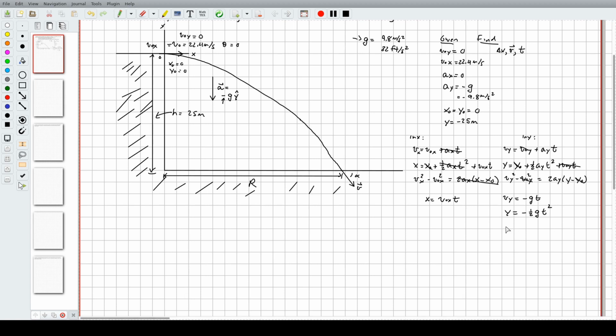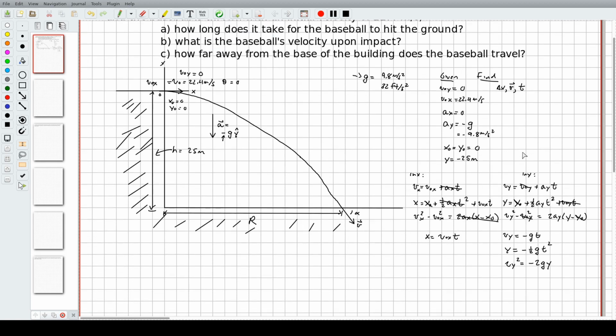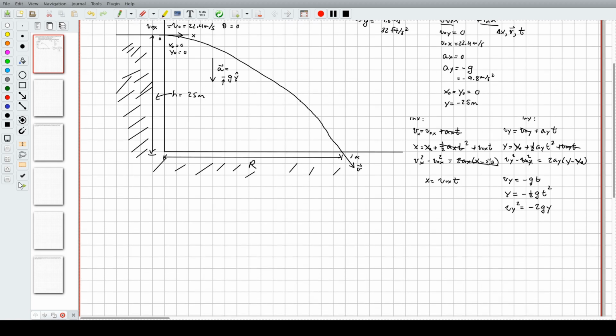Okay? vy squared is equal to minus 2gy. All right? So there we go. What are we trying to find? Again, displacement, final velocity, time.